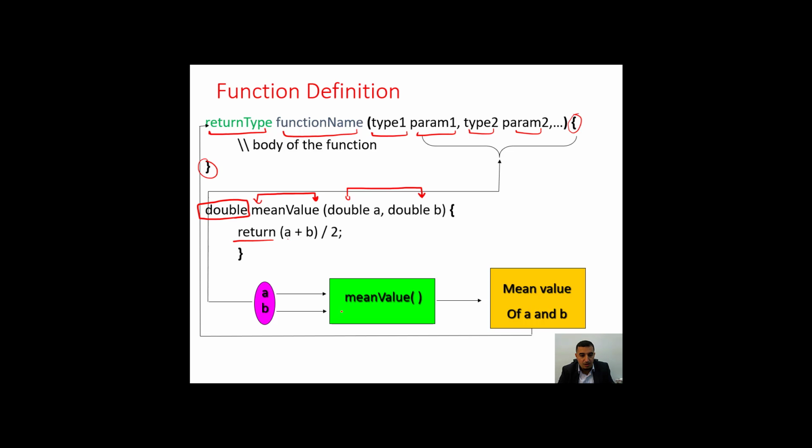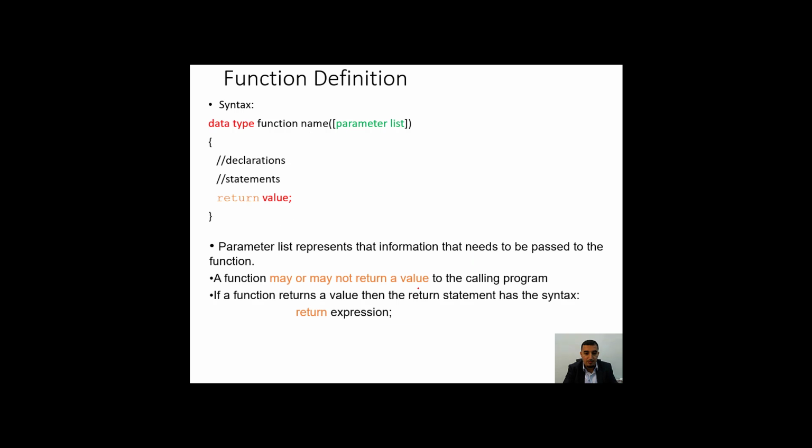So the inputs are parameters A and B. The return is the mean value. The name of the function is mean value, and the type is double.